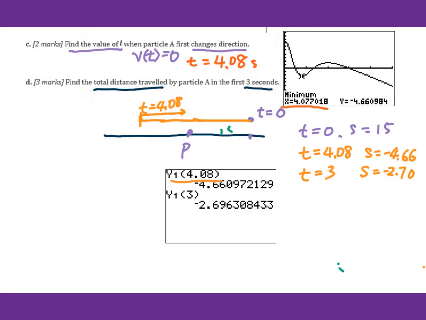This is 15. And here, the distance will be 4.66. And t equals 3, s equals negative 2.70. So it's on the left side of this P. This point will be t equals 3. This distance will be 2.70.